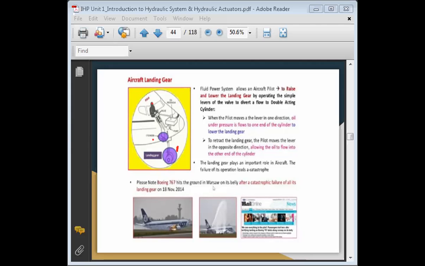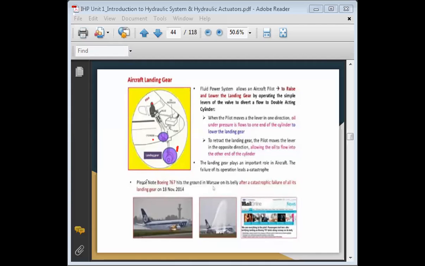Now I will give one example. Please note, you can see a Boeing 767 that hit the ground in Warsaw on its belly after a catastrophic failure of the landing gear, on 1 November 2014.